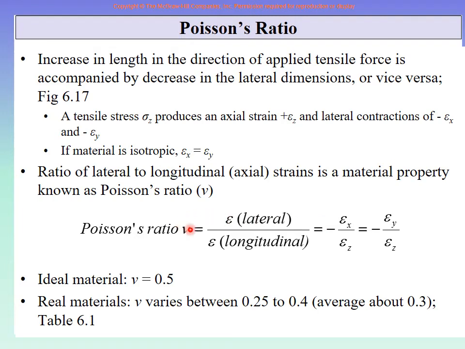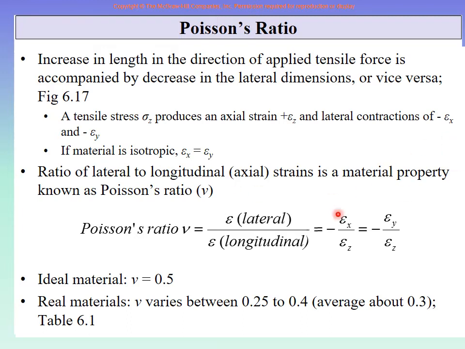Nu is known, epsilon z is known, so epsilon x can be found or epsilon y can be found. Because of knowing this property of the material, in the machine where you are doing the tensile testing, you do not have to have a laser or infrared system of a very high cost to find the change in dimension in the lateral side.